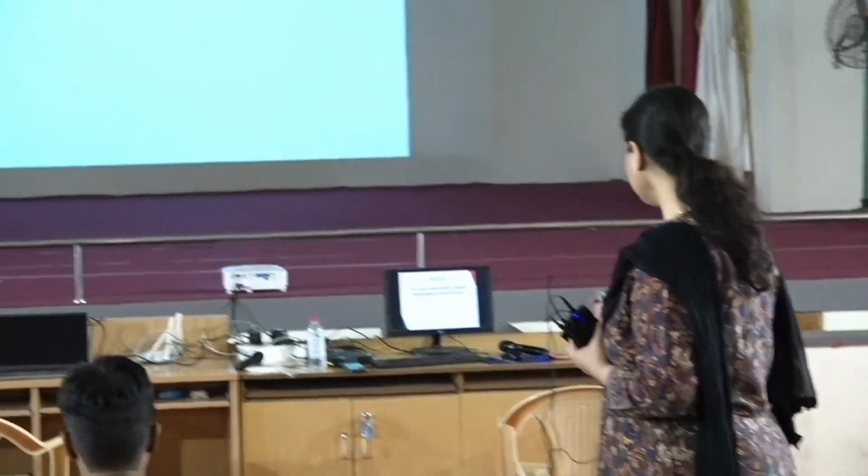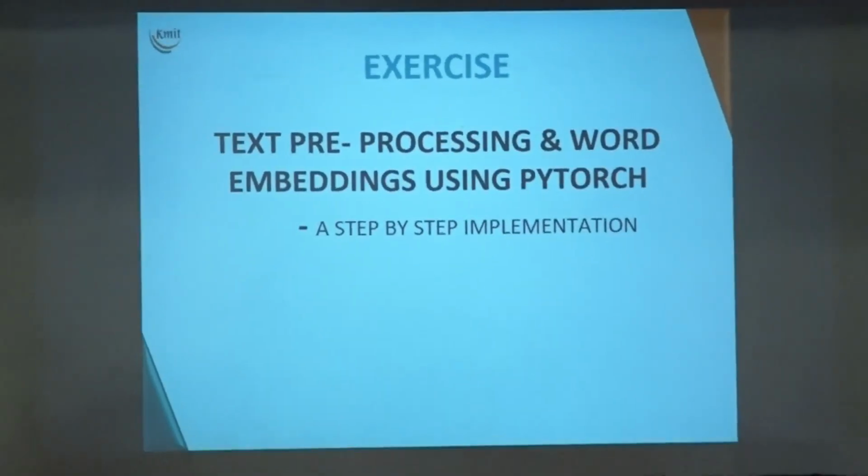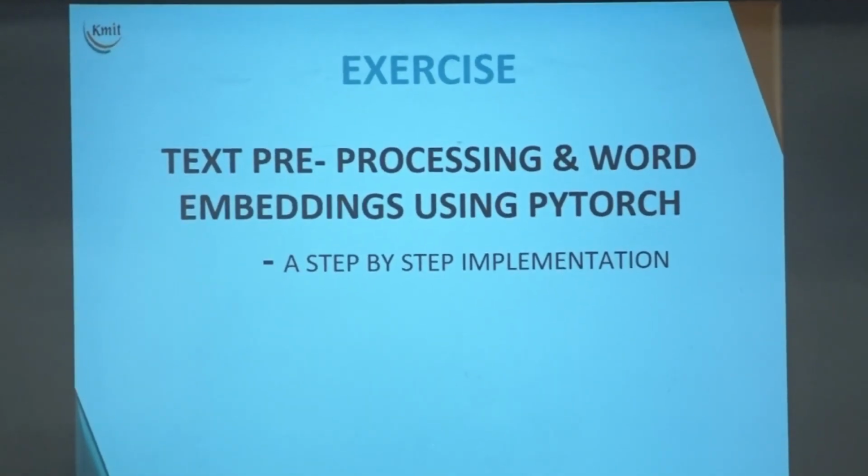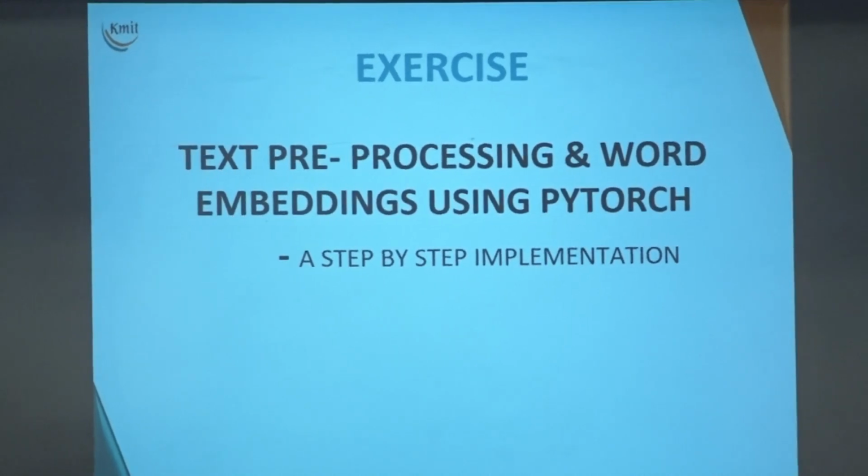We are going to quickly see how exactly you will do the text pre-processing on a given piece of data, and how you would create word embeddings out of it before you can apply it to any RNN model or LSTM model or any other sequential model of your choice. Very, very important. We'll see a step-by-step implementation. A similar exercise you will be doing tomorrow in your hands-on session.